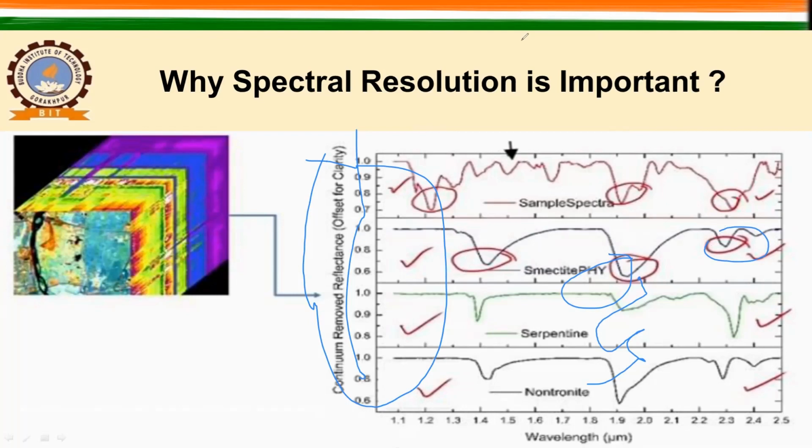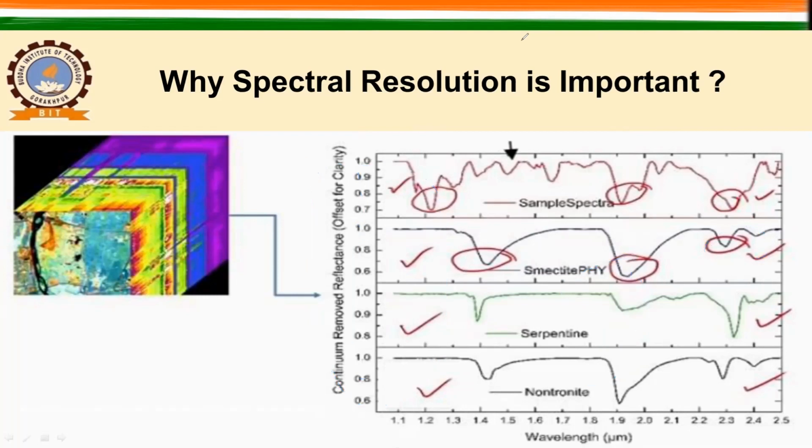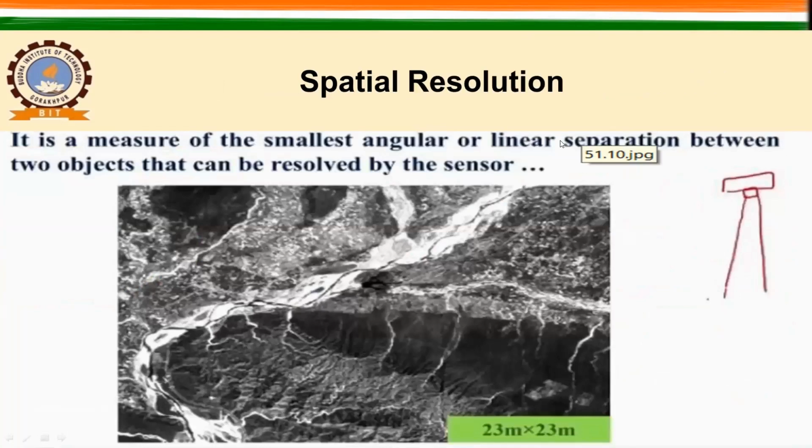Now, after spectral resolution, we will move towards the next resolution, and that is spatial resolution. What it is, is a measure of the smallest angular or linear separation between two objects that can be resolved by the sensor.